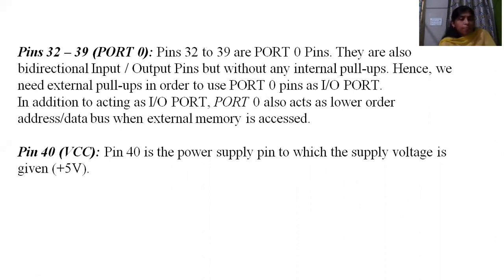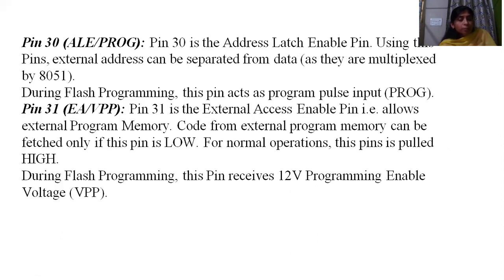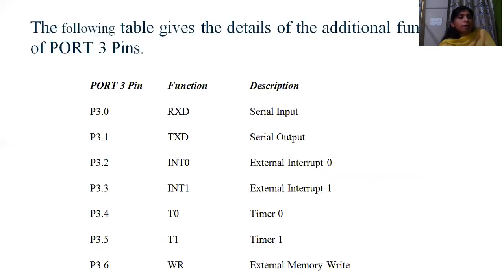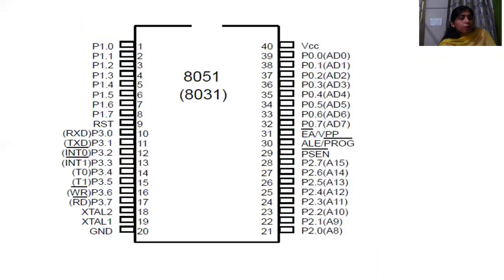In this way, we have discussed the complete pin diagram of the 8051 microcontroller. The 8051 is an 8-bit microcontroller having a total of 40 pins, and 4 ports are there: port 0, port 1, port 2 and port 3, and each port has 8 bits.